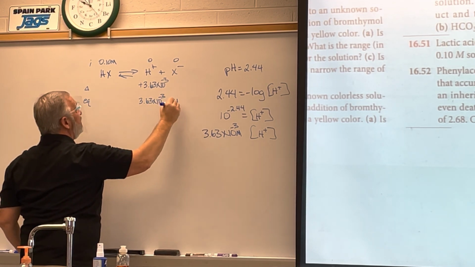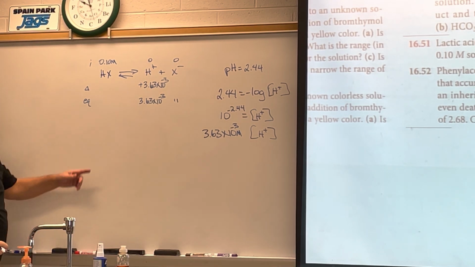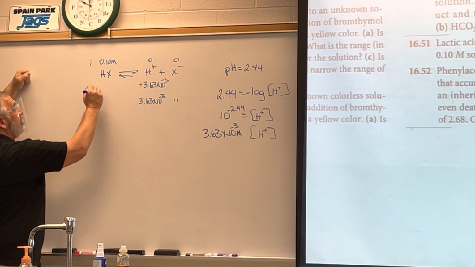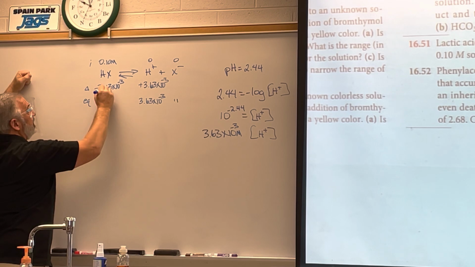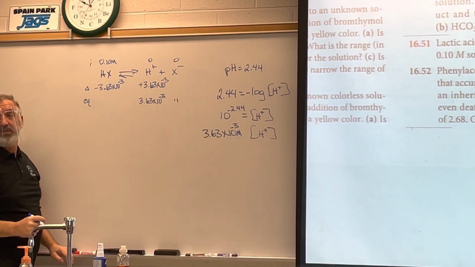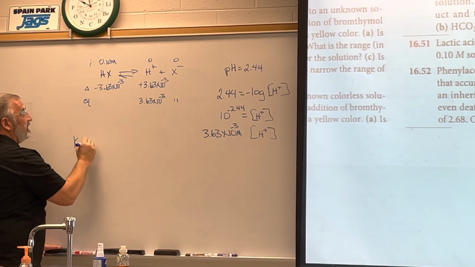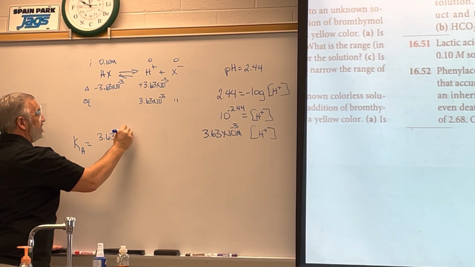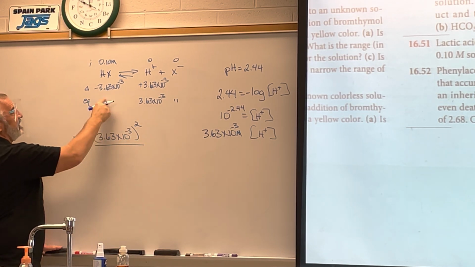The same thing here. And this is going to be 0.1 minus. Now there's no need to make an assumption now. Go ahead and subtract. This is going to be minus 3.63 times 10 to the minus third. So K is going to equal 3.63 times 10 to the minus third squared over, what does that come out to?